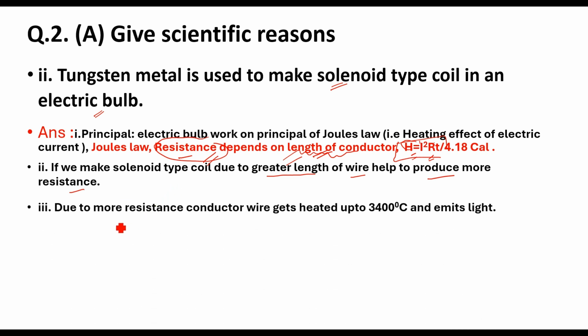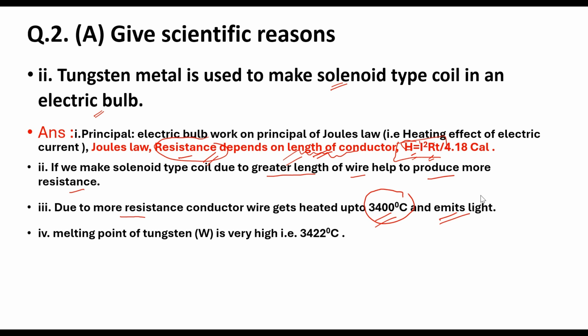If we increase the resistance, meaning the length increases, as a result more heat is generated in that solenoid type of coil, and that heat goes to near about 3400 degrees Celsius in the conductor, and the heat is converted into light energy and emits the light that we see in the bulb.